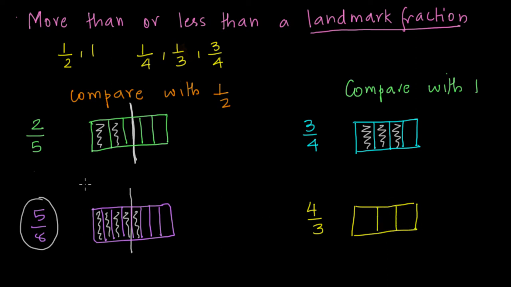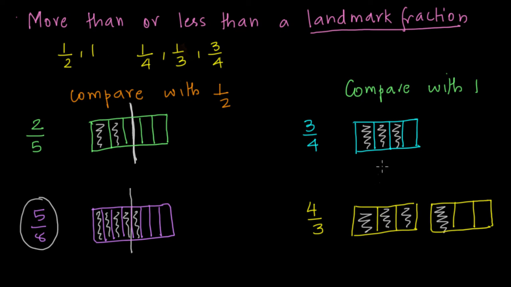And I need 4 of these 3 parts. I've got 1, 2, 3. And I notice that I've filled up the whole, and I need some more parts. So I'm actually going to need 1 more whole. I will divide it into 3 parts, and I need 1 more part.